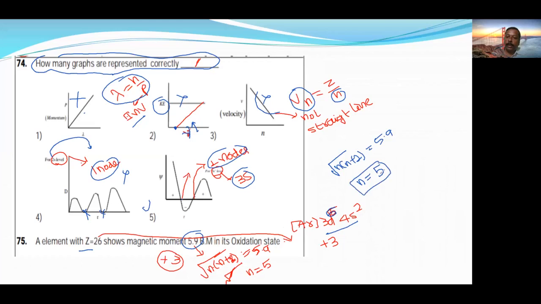That means 5 unpaired electrons must be there. So 1 paired, 2 electrons will be removed here, so 3d6 will be there. That means one more electron is to be removed, that means plus 3 oxidation number is required. When this electron is also removed, 2 electrons plus 2, 1 electron plus 3. So when a total of 3 electrons are removed, it is plus 3 oxidation state.